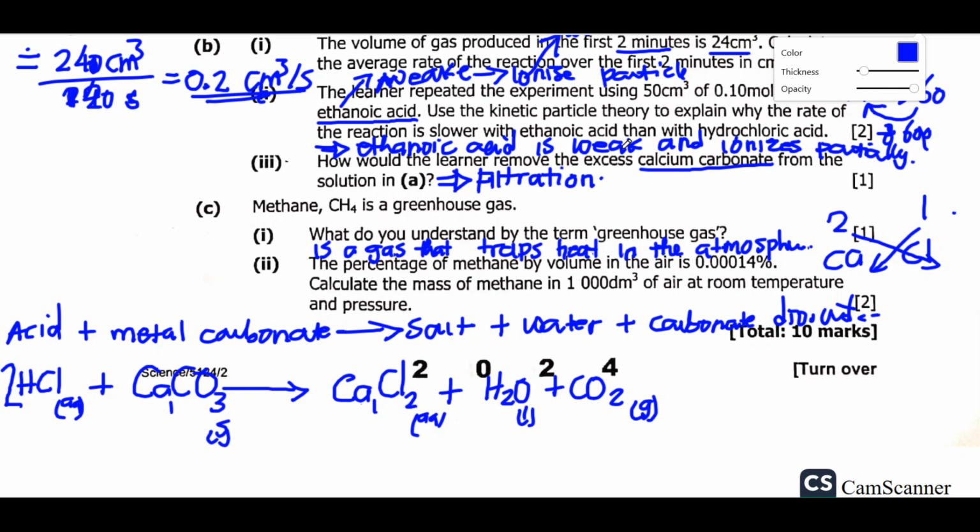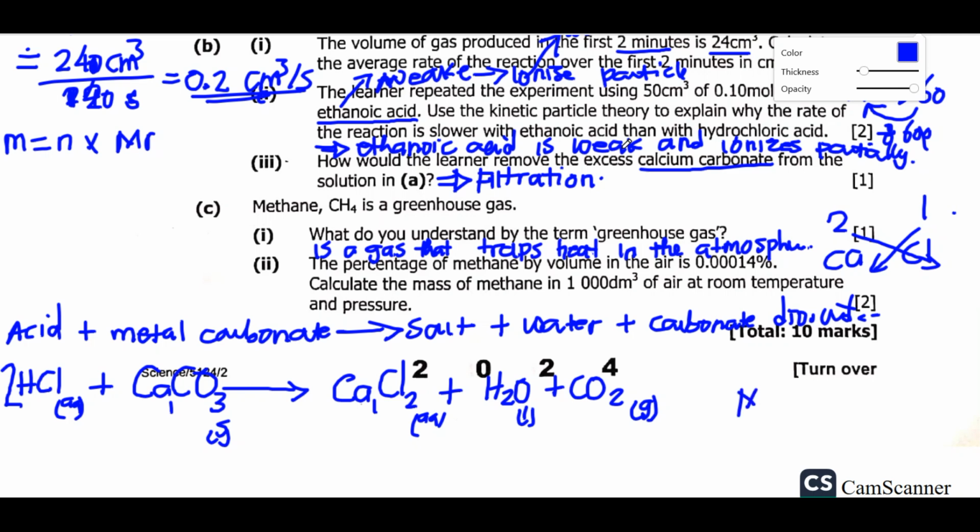Now for the last question, the percentage of methane by volume in the air is 0.00014%. Calculate the mass of methane in 1000 decimeter cubed of air at RTP. So mass is equal to number of moles multiplied by the molar mass. The molar mass can be found since we are given the chemical formula.